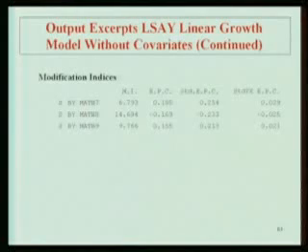So S by mass 7 is the slope growth factor path to mass 7. And so what this says is if we free that, then our chi-square is going to improve by 6.793.